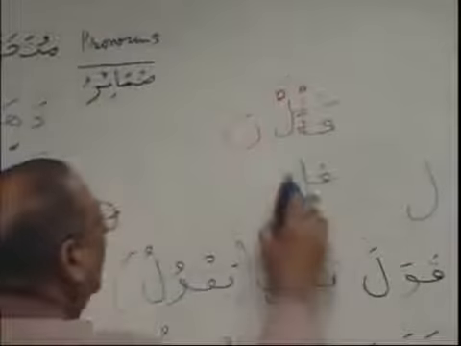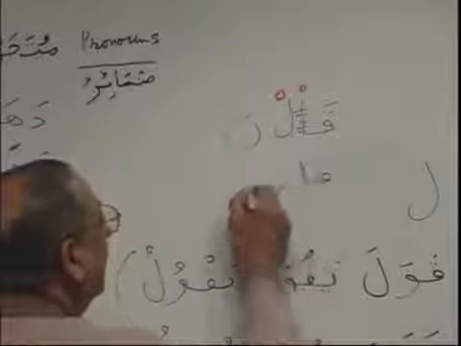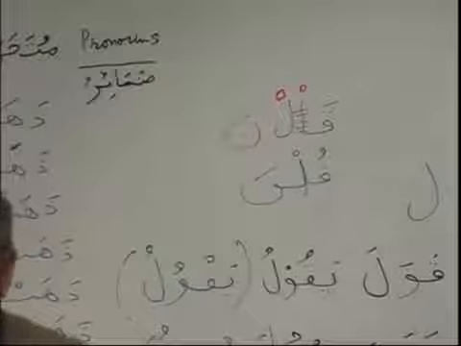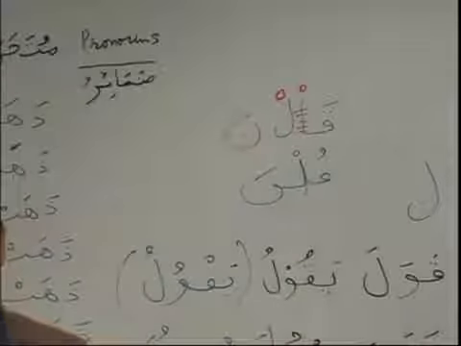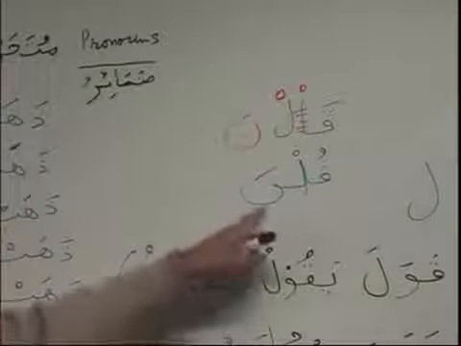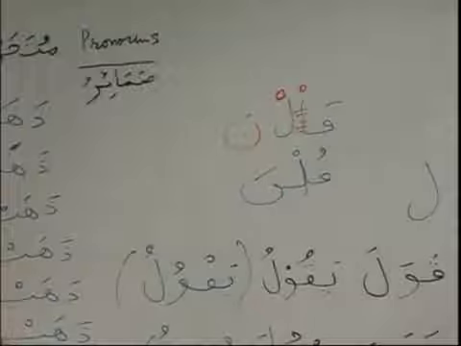Okay. Fa kalima gets a dhamma when it is bab nasara. Otherwise, it will get a kasra. When did it happen? When the mutaharrik pronoun came. That is the key. We never used these things before.